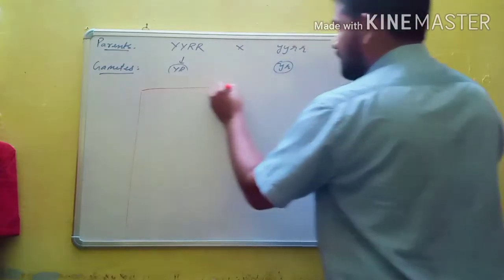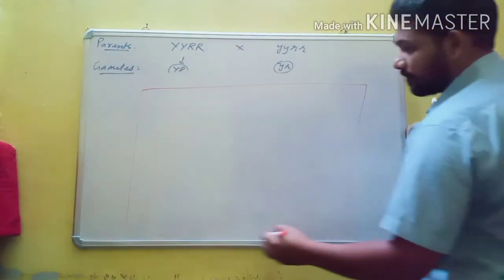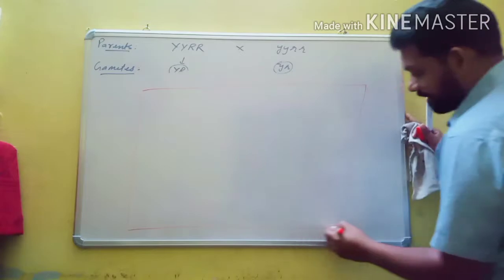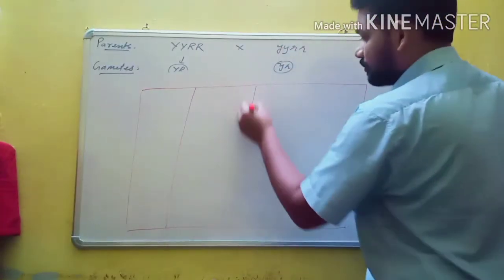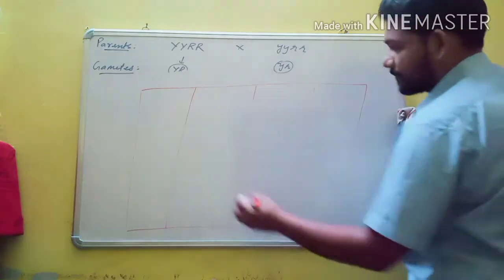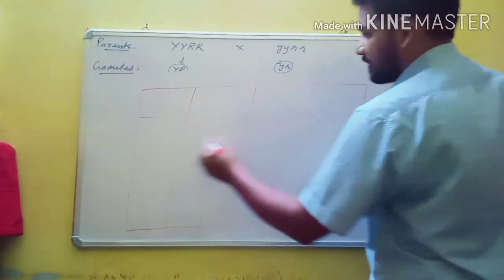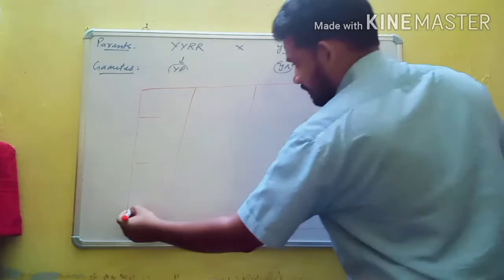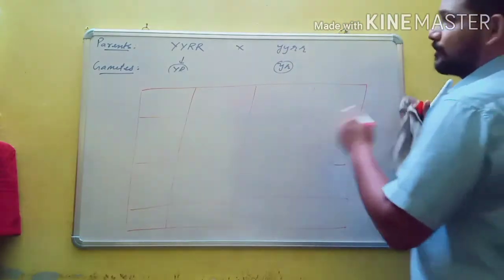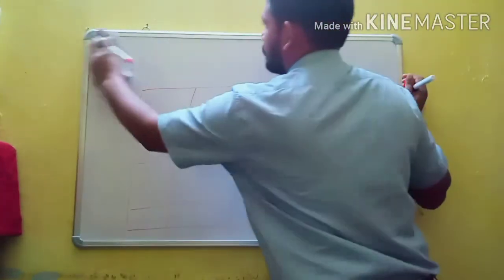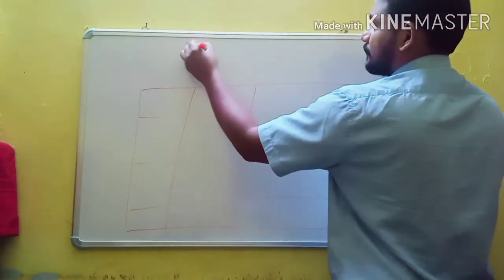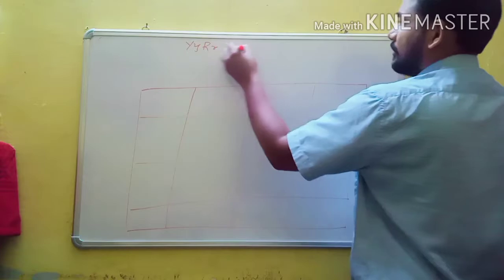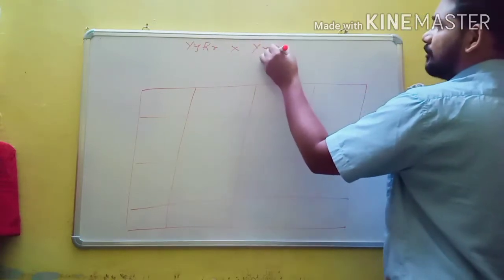In a dihybrid cross, the total number of offspring produced in the F2 generation will be 16. So we have to draw 4 vertical lines and 4 horizontal lines. This is the self-fertilization of F1 hybrids.